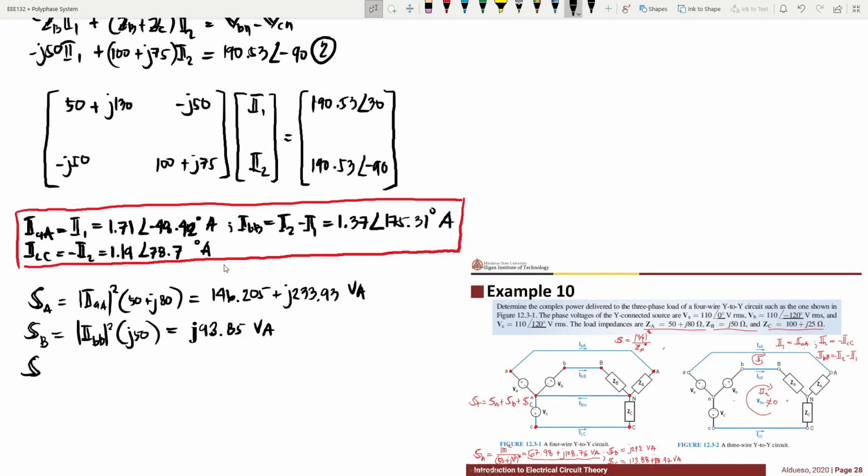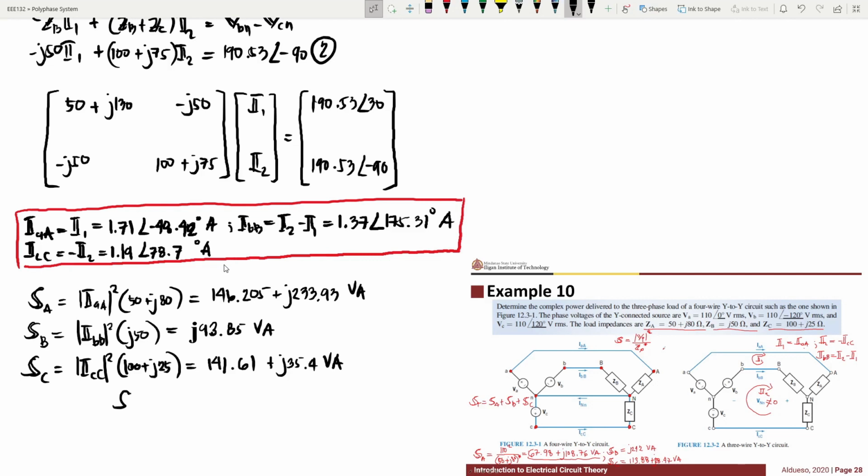And the complex power for phase C is the magnitude of ICC squared times 100 plus j25, equivalent to 141.31 plus j35.4 VA.